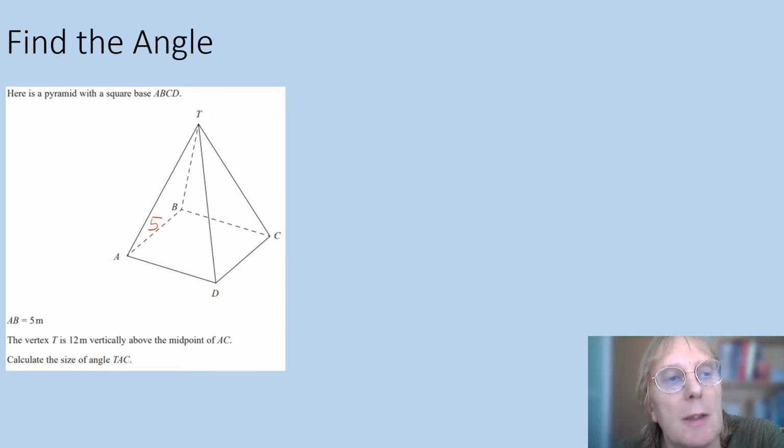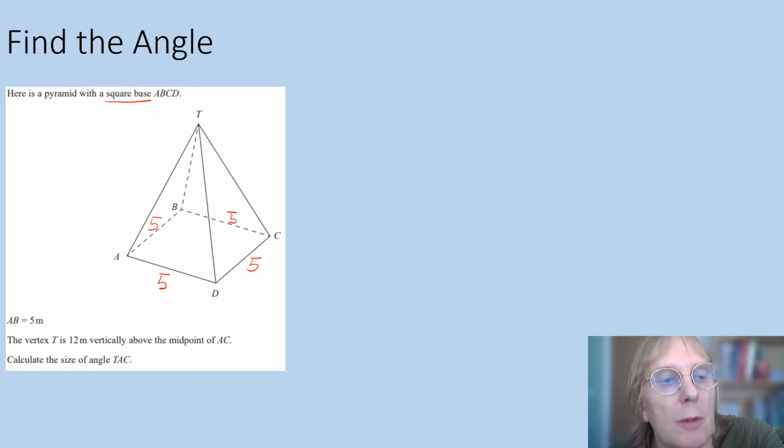The next thing is, I'm going to look up here, and it says the pyramid is a square base. If it's a square base, all the sides are the same length. So they're all 5 meters. Right, the vertex T is 12 meters vertically above the midpoint of AC.